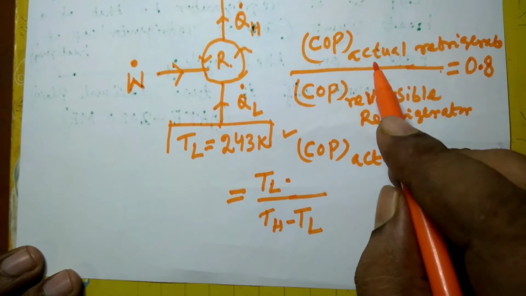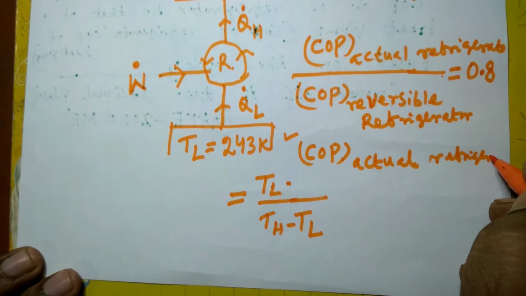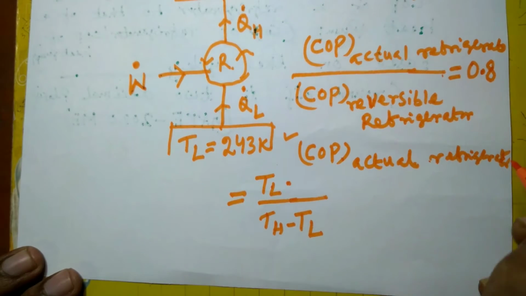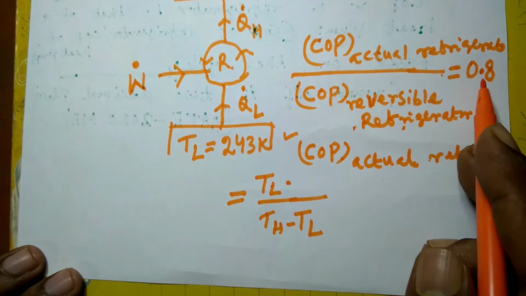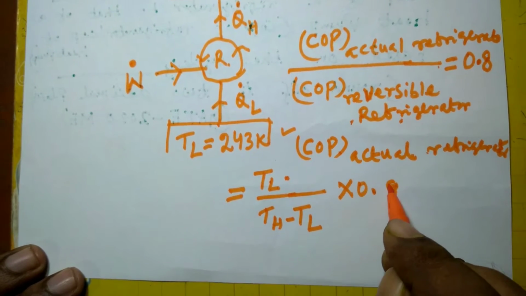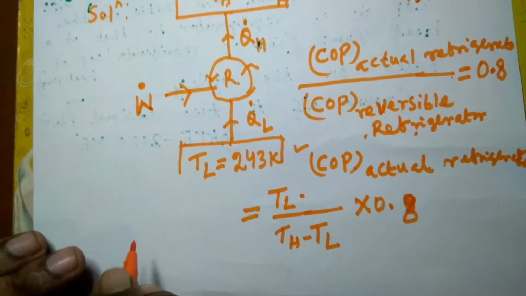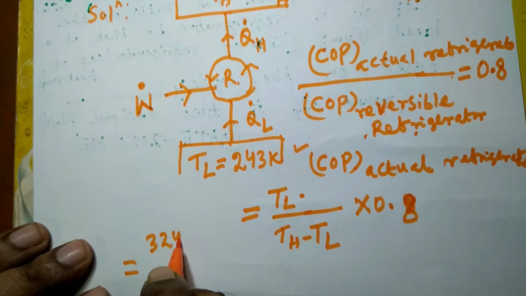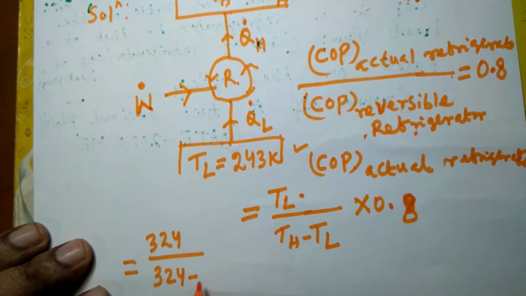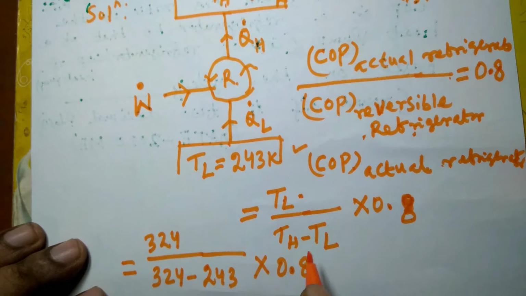From this, I can write the COP of the actual refrigerator is the COP of the reversible refrigerator multiplied by 0.8, which is equal to 324 divided by 324 minus 243 multiplied by 0.8.